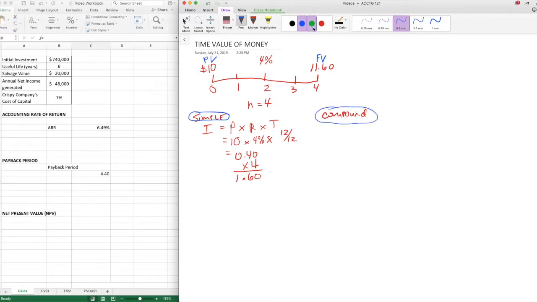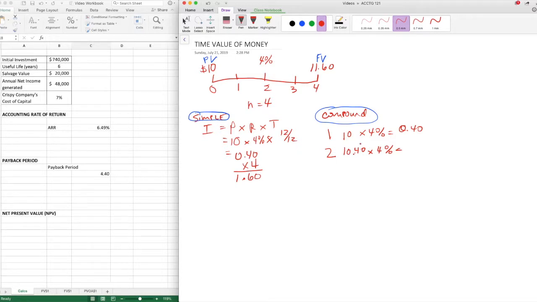The way that works is that in year 1, we're going to earn the interest, the 10 times the 4, we're going to get the 40 cents. But in the second year, we're going to earn interest on 1040. We get to earn interest on the amount we invested plus the interest.